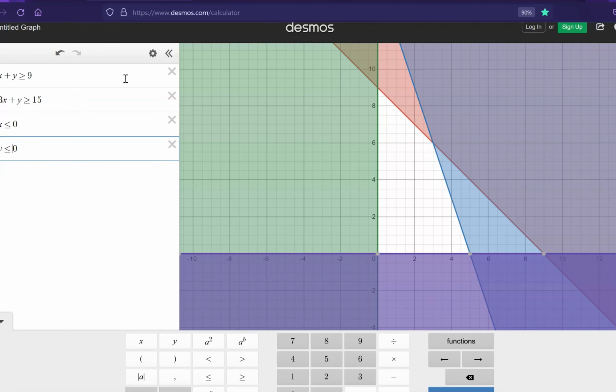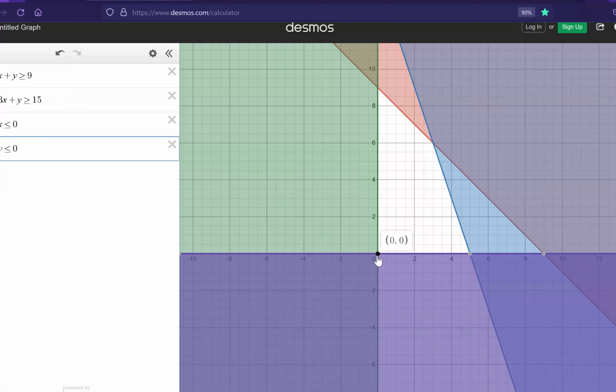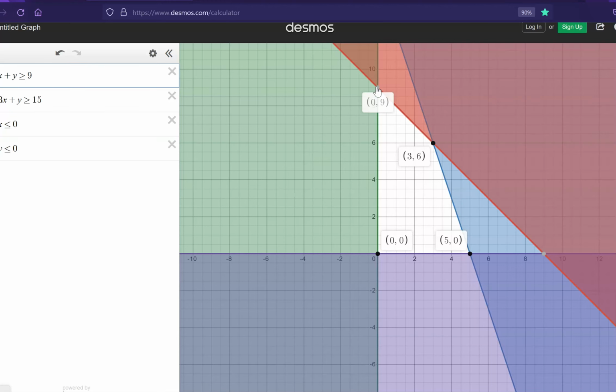And what that'll do is by flipping all of the inequalities, instead of the shading being the overlap of all of the pieces, it reverses it, so the only thing that's not shaded in is the solution, which is a lot easier to see with all these different colors and the overlapping. Having just the blank space be the solution is so much easier. So again, Desmos will show us these key values coming through, and we could get our corner points there using Desmos or using it to double check our answers.